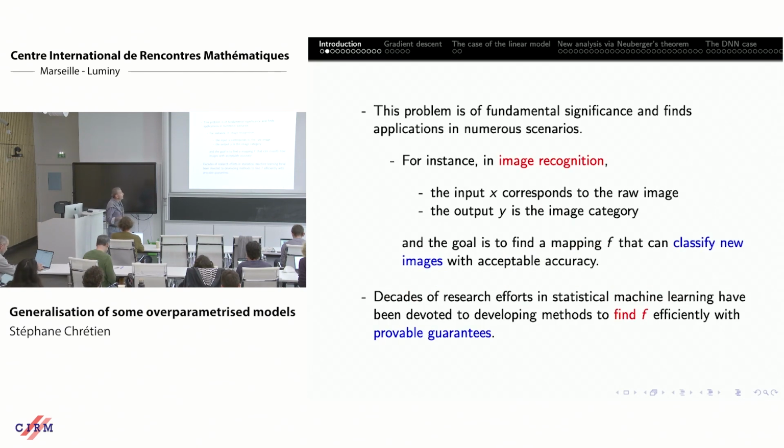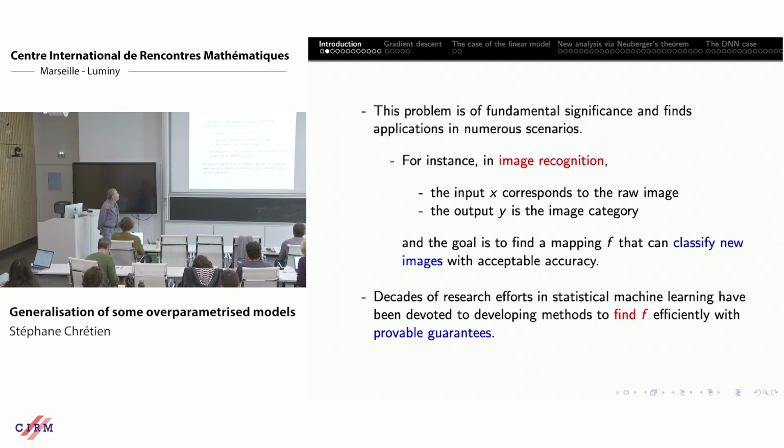And of course, this is very useful for an enormous amount of tasks. Well, image recognition is one of them, but as you know, we are facing an enormous amount of applications for which deep learning, for example, could be very useful.